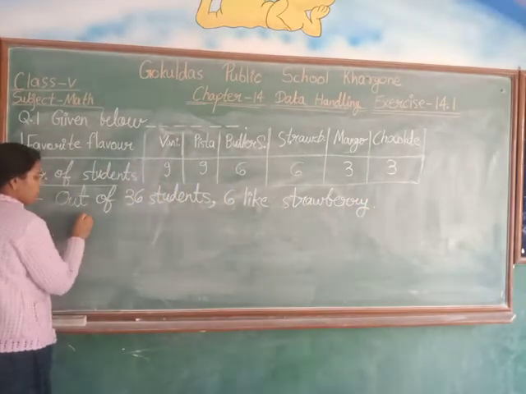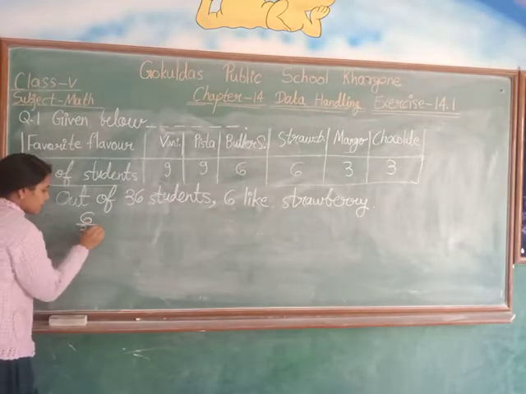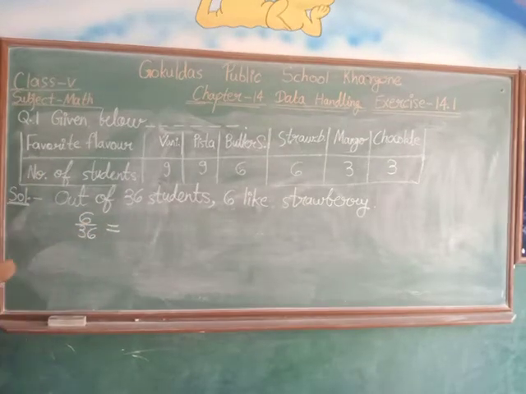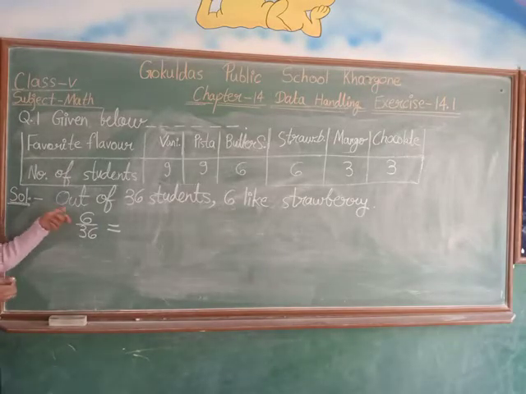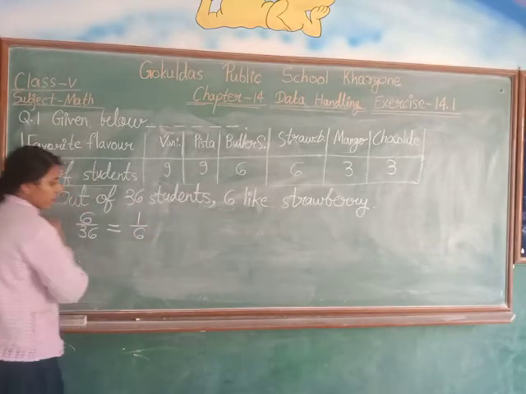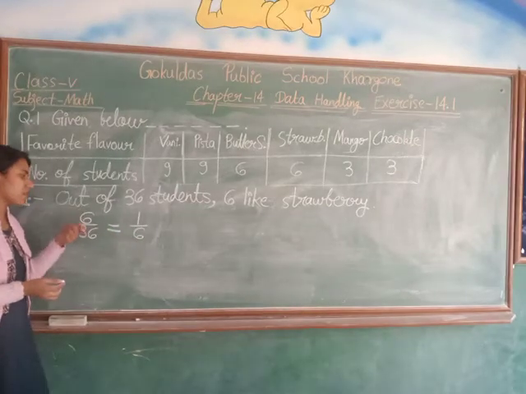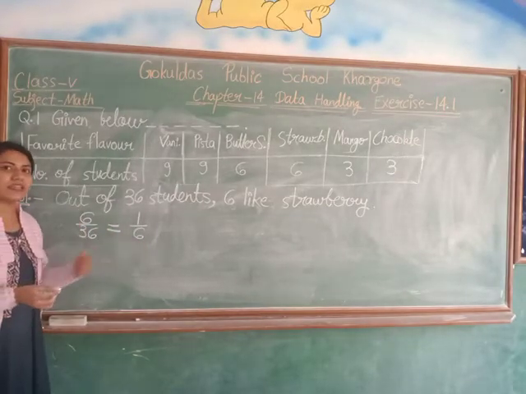Right? So in fractional form, how can we write? We can write 6 upon 36. And when we write 6 upon 36 in lowest form, it will be 1 upon 6.